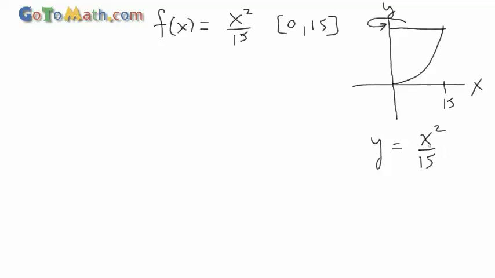That means we've got to figure out our limits. We're going to be going from 0 up to where? How far are we going to go here? Well, if you take 15 and plug it in, 15 squared divided by 15 is just 15. So volume is equal to, we'll go ahead and write our pi right here.